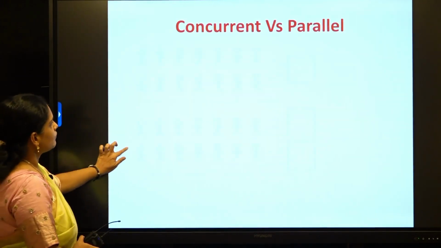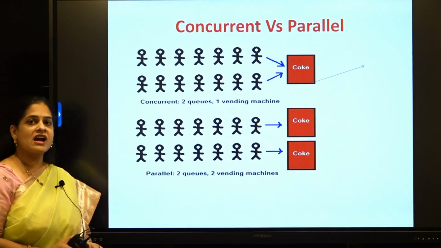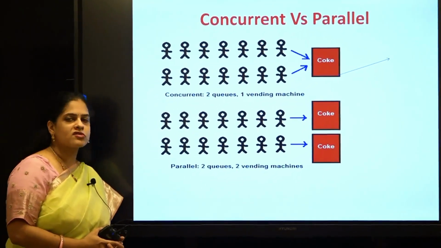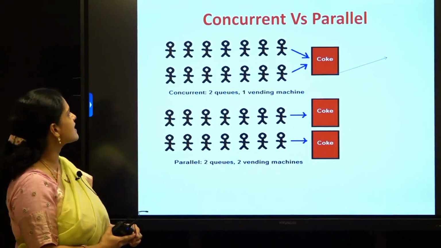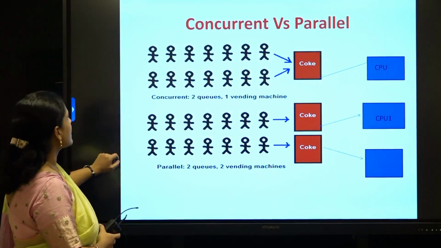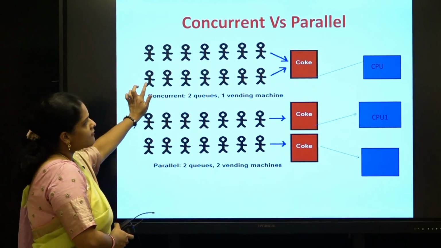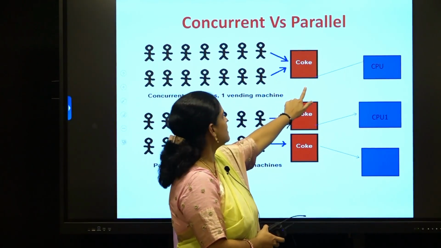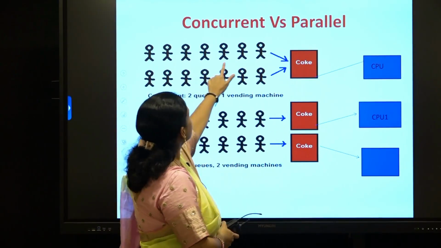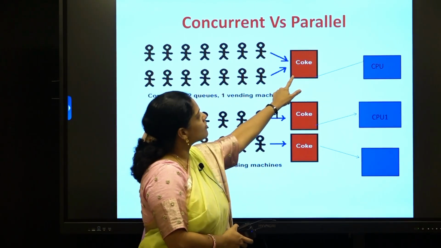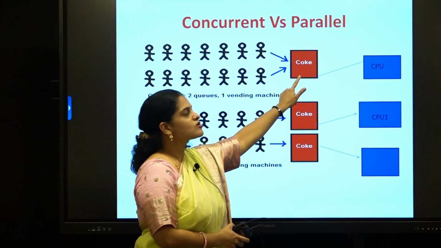Next, we will see the difference between concurrent processing and parallel processing. There is also one more type of processing apart from serial, which we call concurrent processing. This is an example of concurrent processing where you have a Coke vending machine and there are multiple customers standing in two queues, but the Coke vending machine can provide service to only one customer.